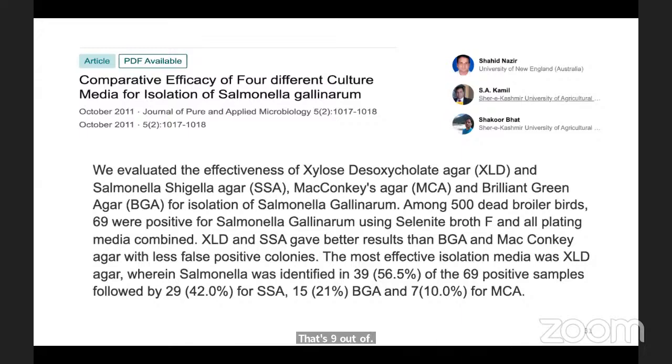They took these samples from, I think, poultry. Yeah, so it got 56%, whilst SSA was just 42%. So if we can, almost half, if we can go in for the XLD, it will be better.